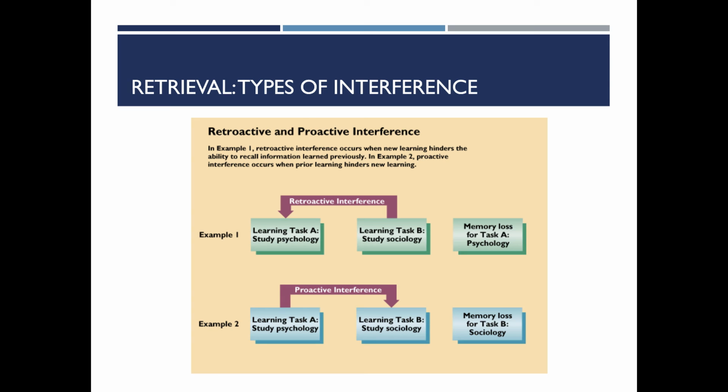And then to your horror, you realize that that happened in a different relationship or with a different friend. So what we are experiencing today can go back and interfere with what we learned in the past, and stuff that we learned in the past can also interfere in today's learning. So retroactive meaning going back, and proactive meaning going forward.